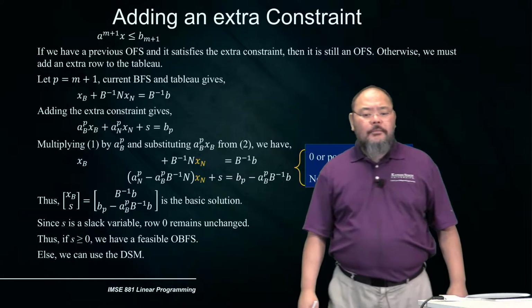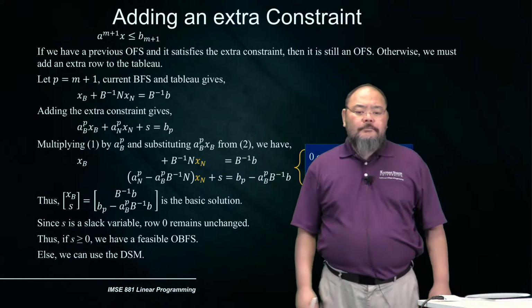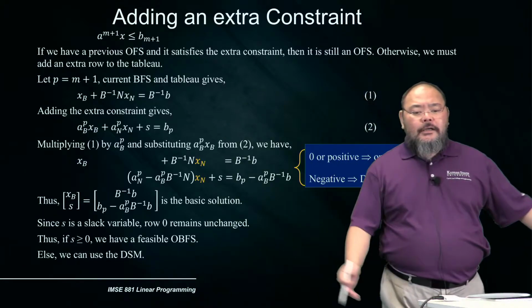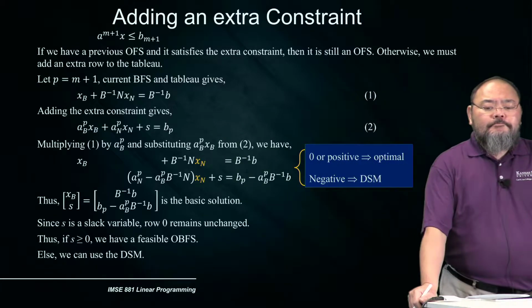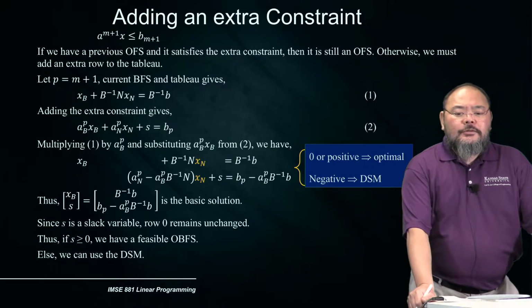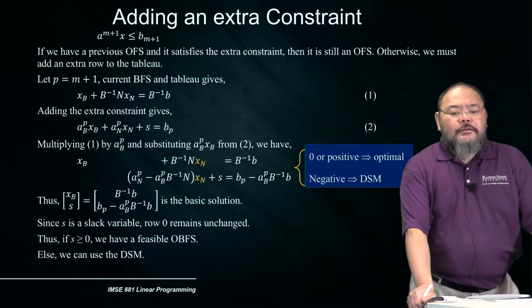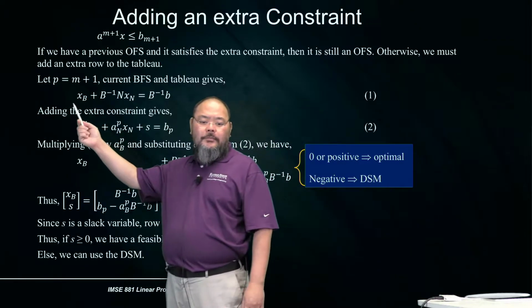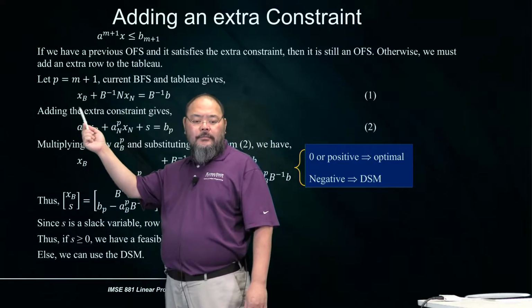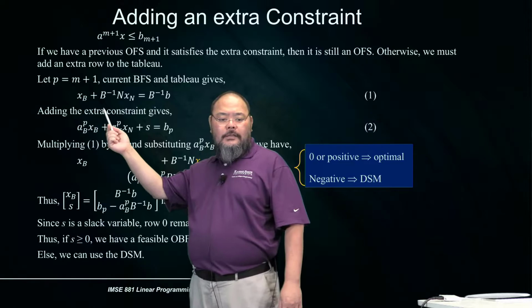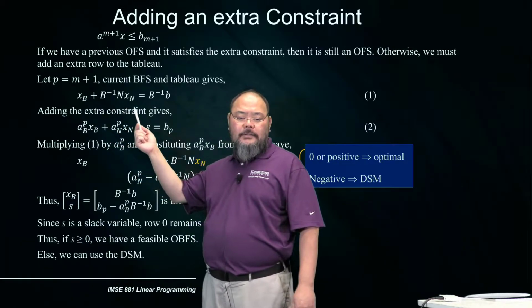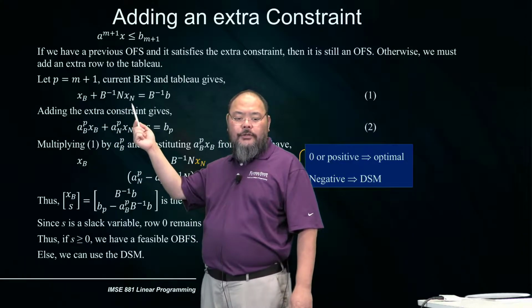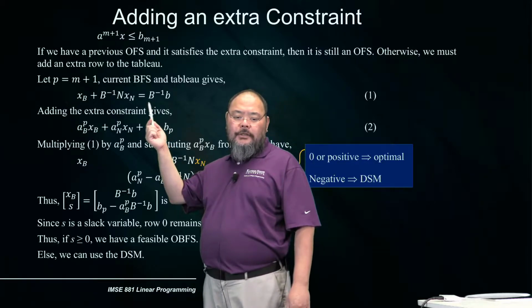the table. So what's going on? Now the p is n plus 1, for example, and the current basic feasible solution in the tableau gives xB, the current basic variables, plus B inverse times N times xN, the non-basic variables, currently 0, equals B inverse times b.